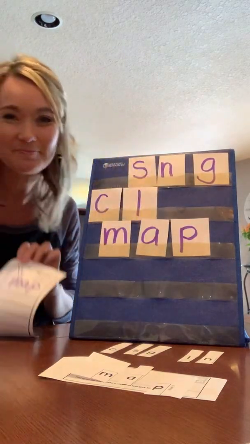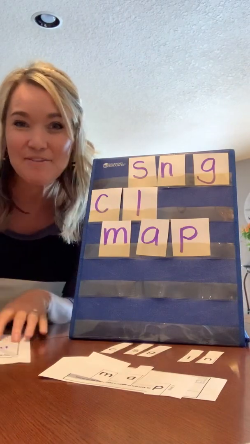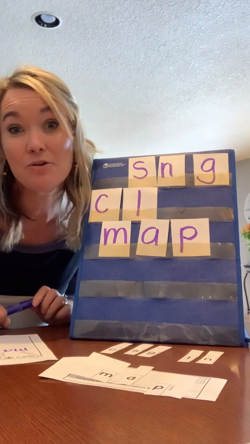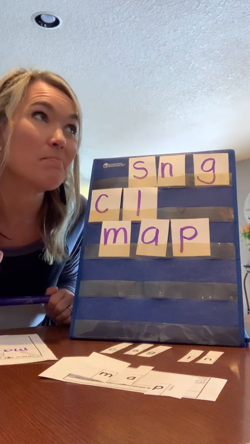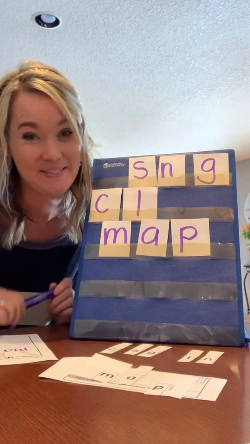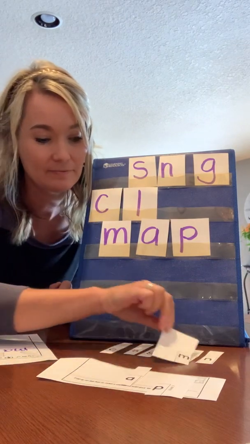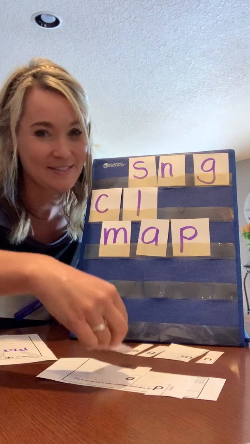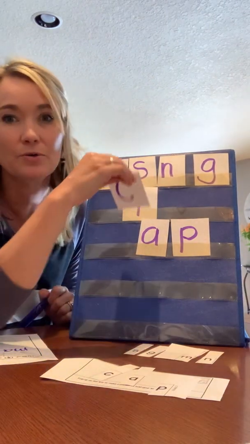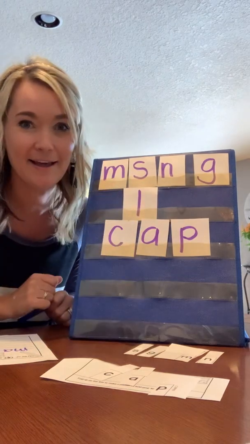Map. Okay, now see if you can figure out what we need to change to make our next word, okay? Can you please change map to cap? Take a minute to do that. And then check with mine. This is why we want to have our letters organized so they're easy to see.